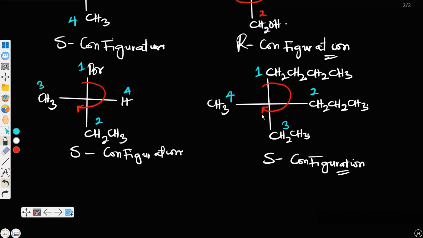So that is that for R and S configuration. I think we've done justice to that.